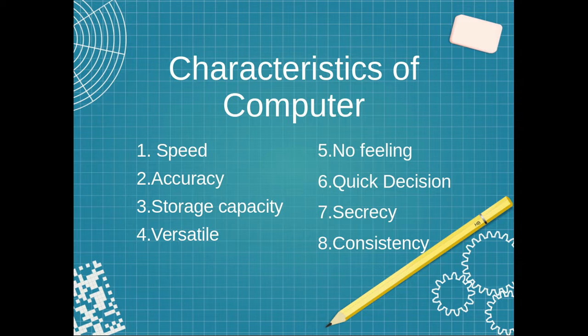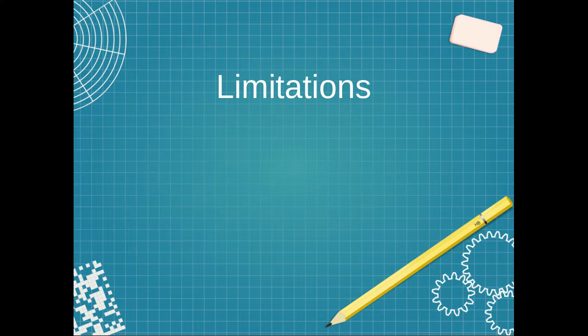Now children, we know the characteristics of computer, let us also learn some limitations of computer. So before starting off with the limitations of computer, we'll do the same drill. I want you to take your notebooks and write down any 5 limitations of computer. So according to you, what are the limitations of computer? Just take your notebooks and write down any 5.